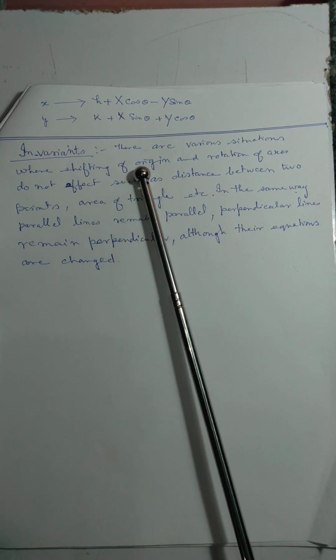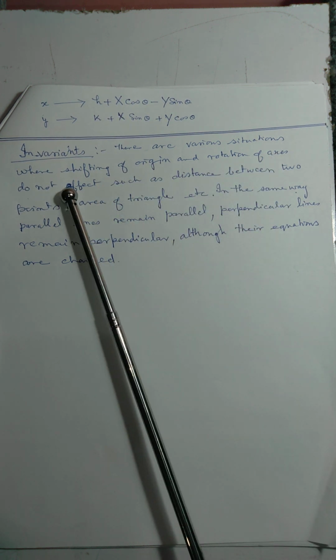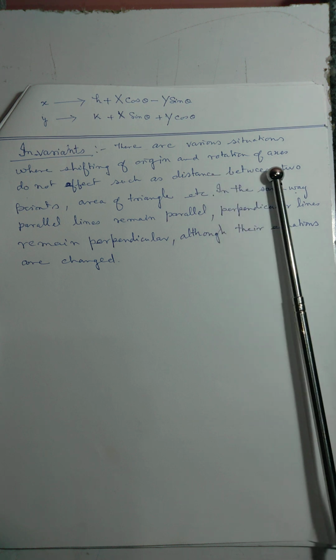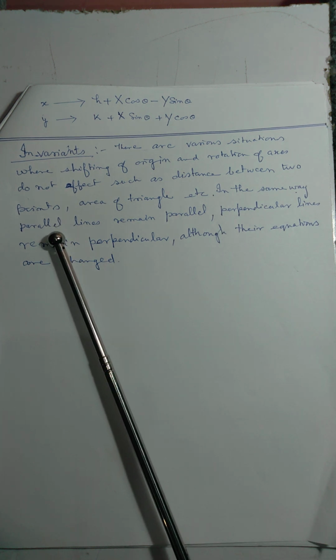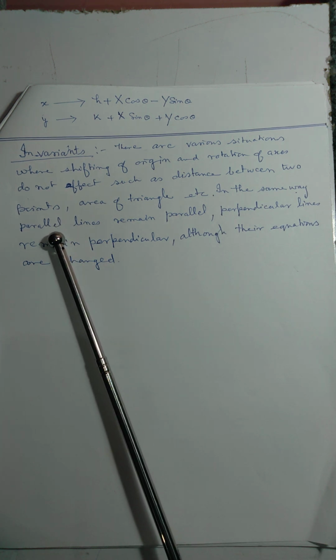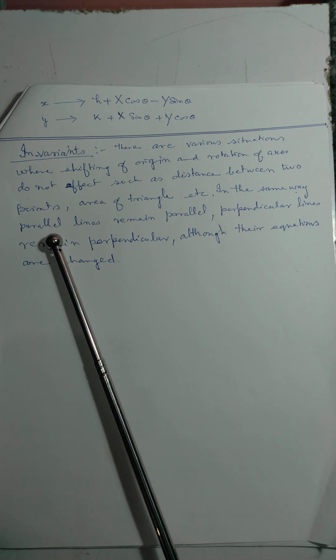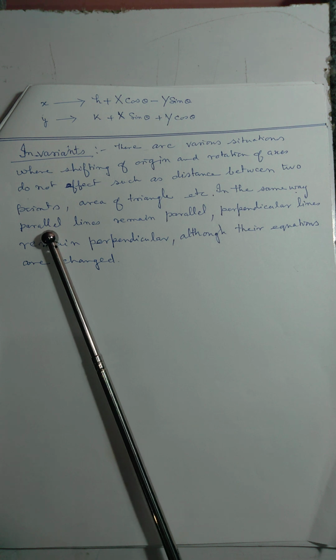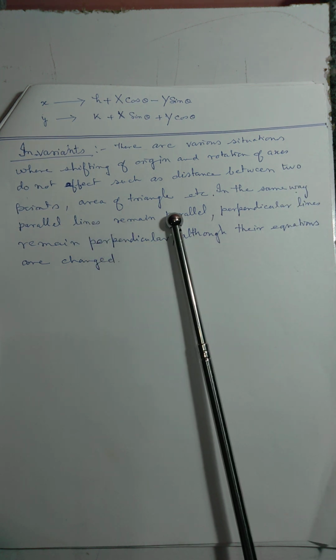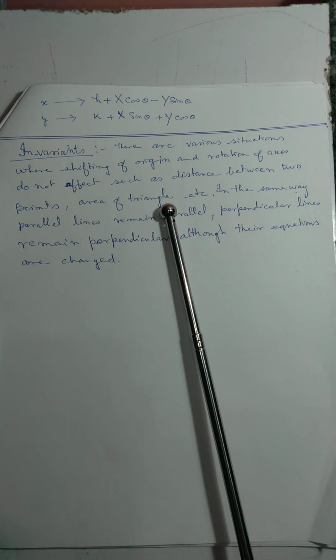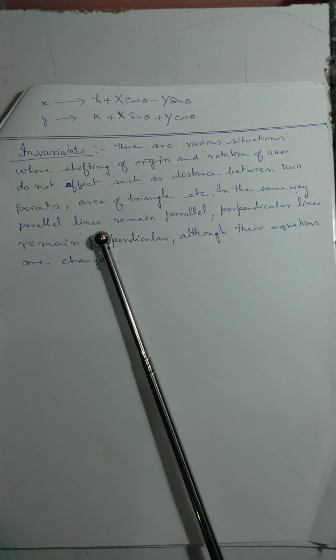For example, there are various situations where shifting of origin and rotation of axis do not affect, such as the distance between two points. Distance between two points will not change if you change the origin or the direction of axis. The distance will remain constant. Area of the triangle will also remain constant.